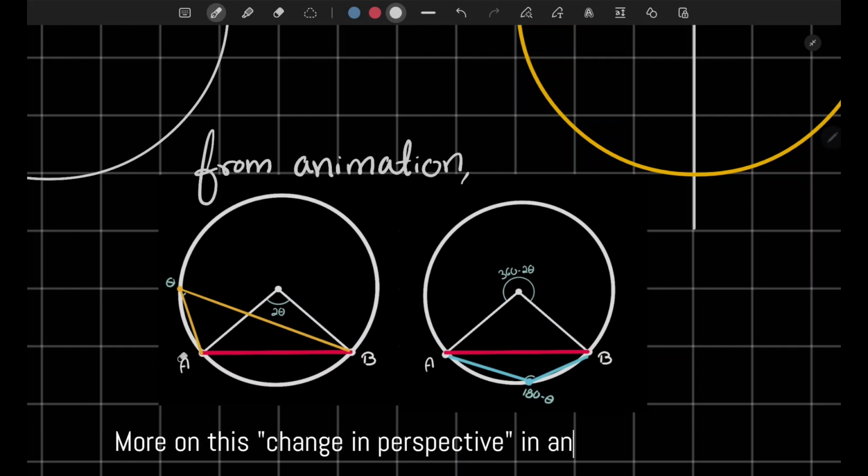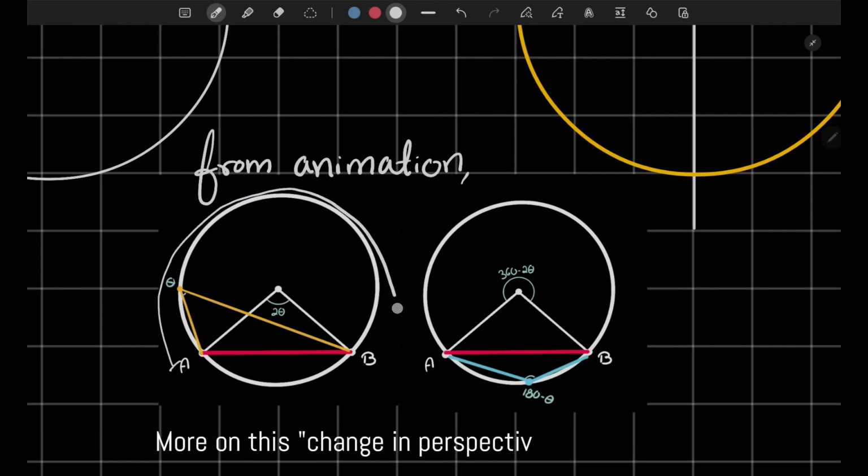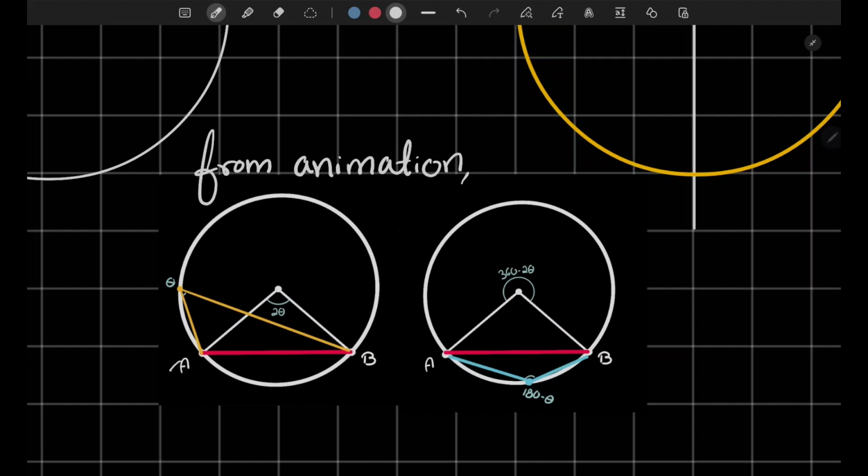So when both angles are pointed, let's call it upwards, this 2 theta here gets translated to a theta here. But when both angles, let's say they're pointing downward, increasing in this direction, the center angle is actually going to be this one. So this becomes 180 minus theta.